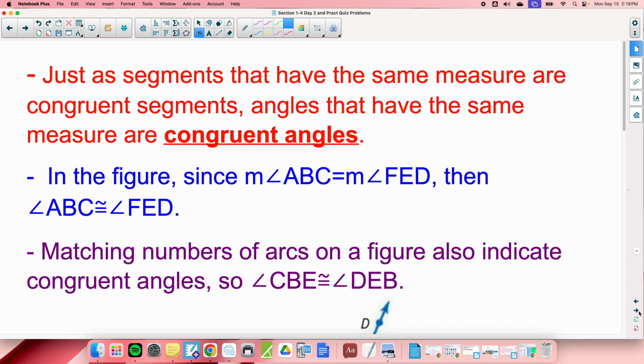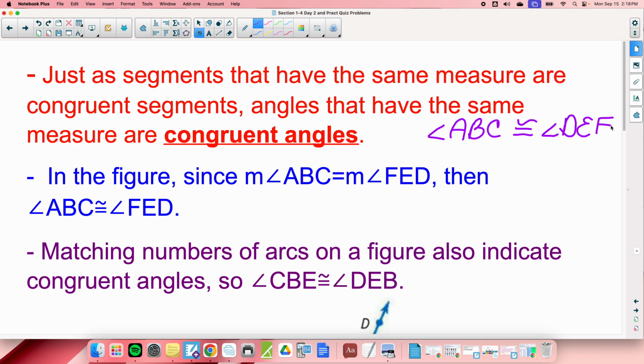All right. So this is how we write that two angles are congruent. We'd say angle ABC, and then this is our congruent symbol, to angle DEF. Then I have to say the measures are equal.